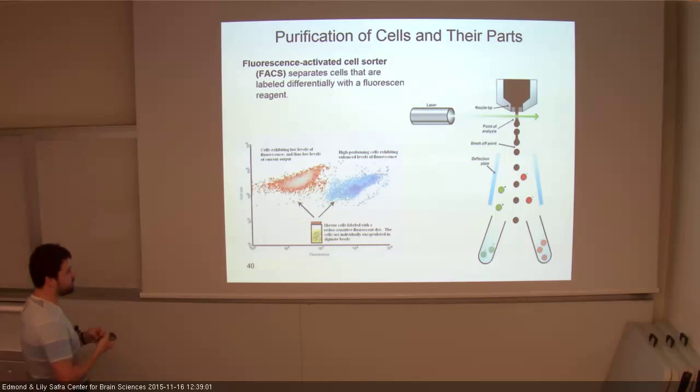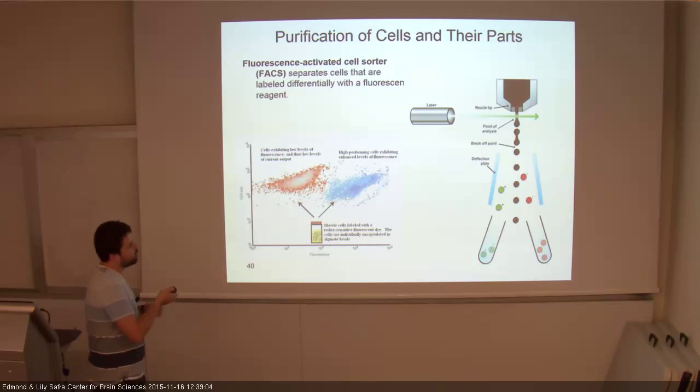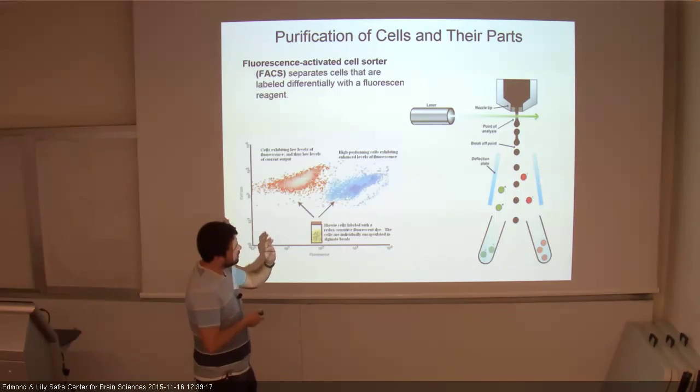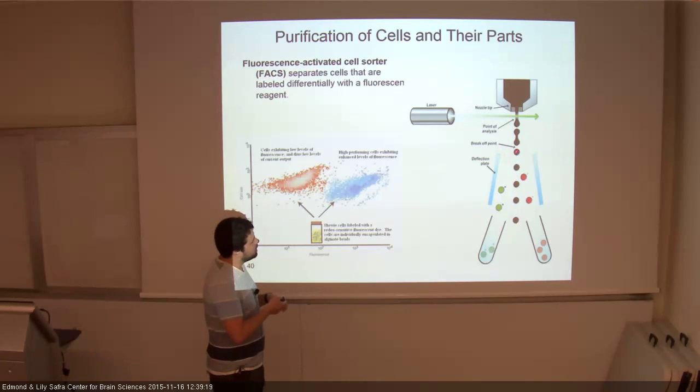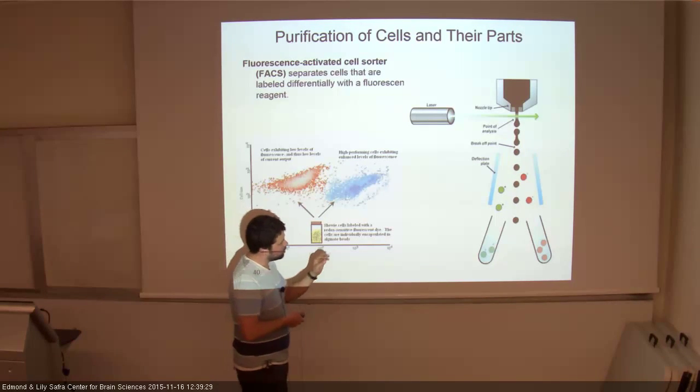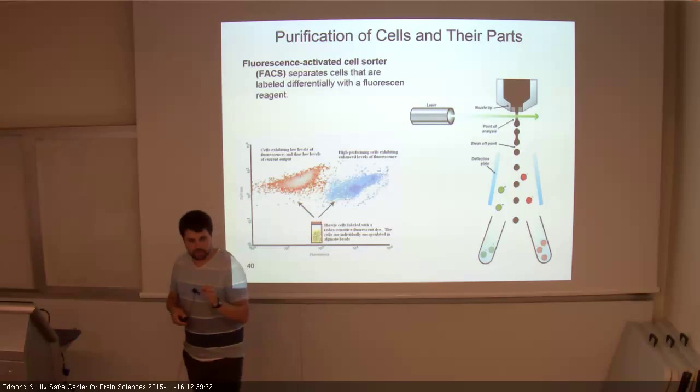And because you know the specific color, when the cell that you're interested in, in the droplet, is passing through a laser, then you can apply an electrical force or charge the specific droplet that's carrying the cell that you're interested in, and then because of these deflection plates over here, it can deflect the cells to either location that you want to collect the specific cells that you're interested in.